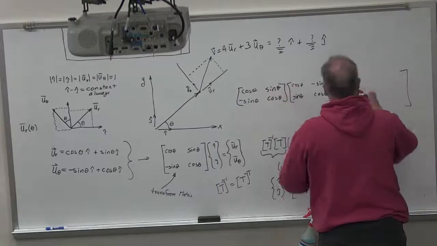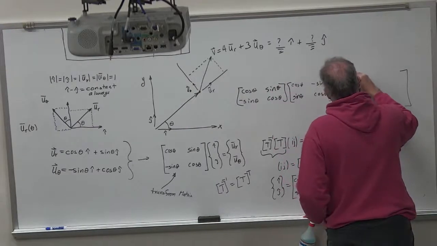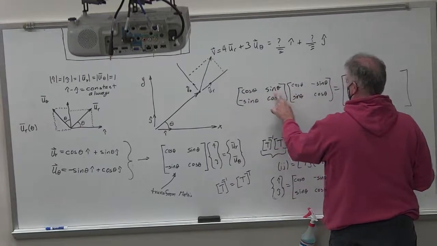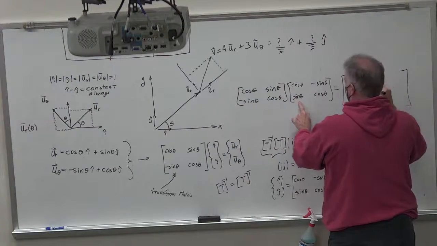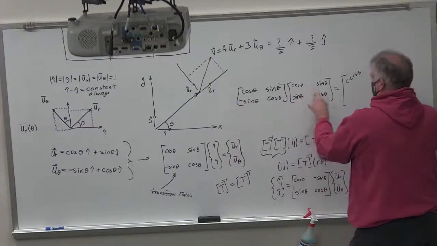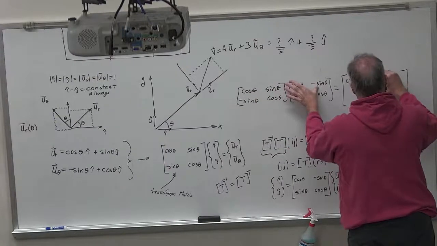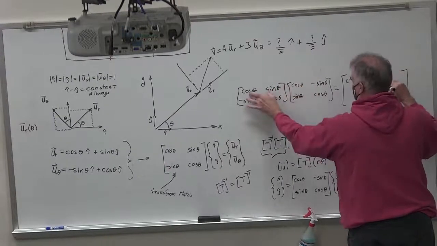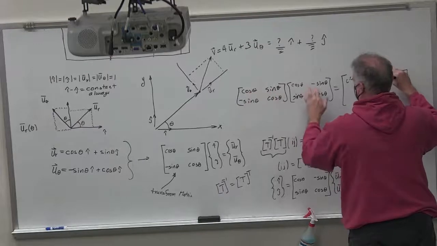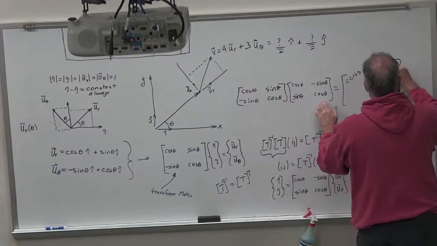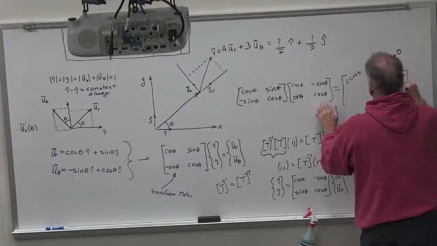In this one, you'd get cosine times cosine plus sine times sine. To fill in this entry, you would take this one times that one, which would be minus sine times cosine plus sine times cosine, so that would yield you a 0.